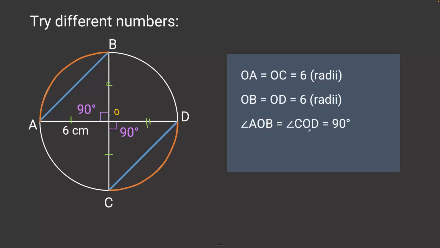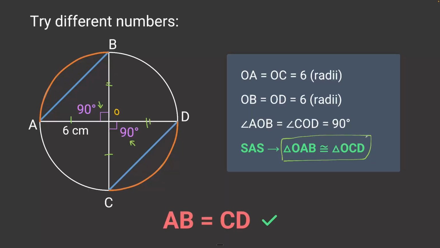Angle AOB is equal to angle COD, which we assumed are equal. So now, again, by the SAS congruence, we know that triangle OAB is congruent to triangle OCD. And by that, we also know that AB equals CD. So the two chords are equal.